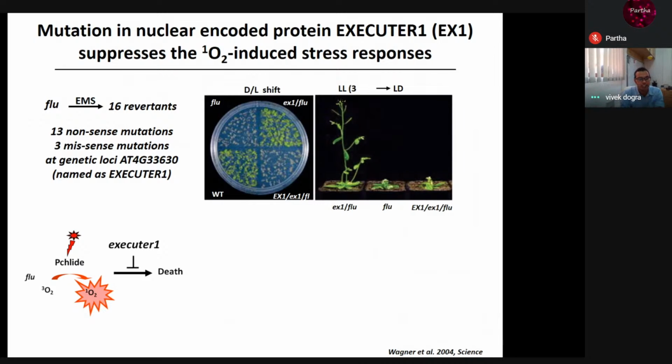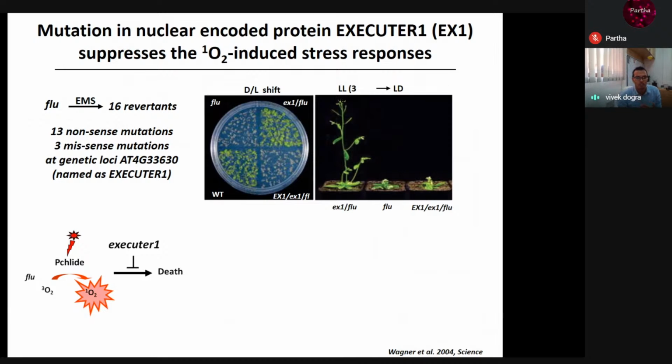In this gene, 13 were nonsense mutations, meaning they were making stop codons. Because of the random mutation, a stop codon came into the open reading frame of the gene. Out of those, 3 were missense. They were making some other amino acid, but even with the different amino acid, this protein was not able to function. So this was named Executor, because the presence of this gene was executing the plant.